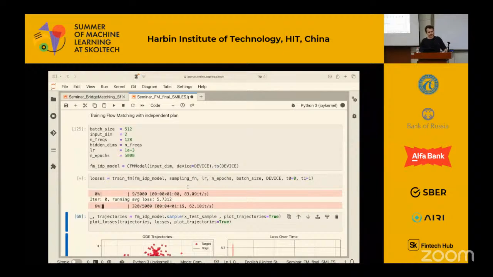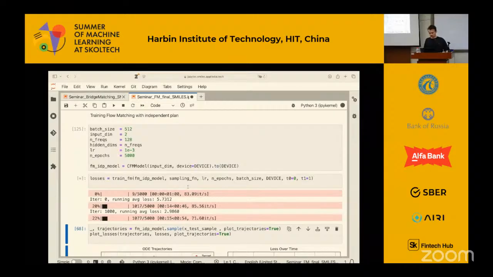So while it trains, the independent transport plan that we use here is not an optimal transport plan in almost any sense. But it is good when you do not have some kind of prior information on pairing from your data.